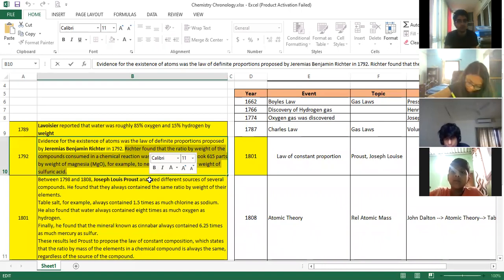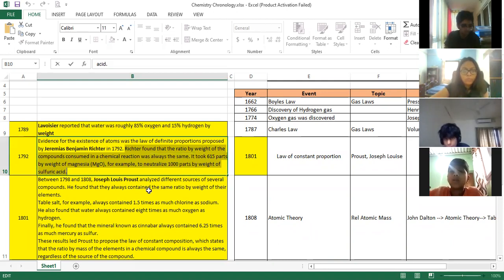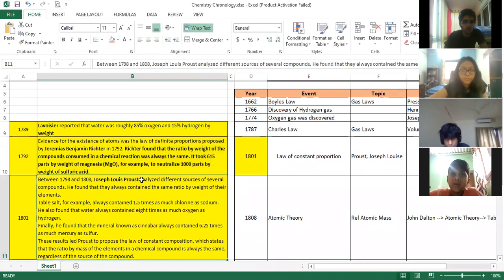Richter found that the ratio by weight of the compounds consumed in a chemical reaction was always the same. It took 615 parts by weight of magnesia, MgO, for example, to neutralize 1000 parts by weight of sulfuric acid.